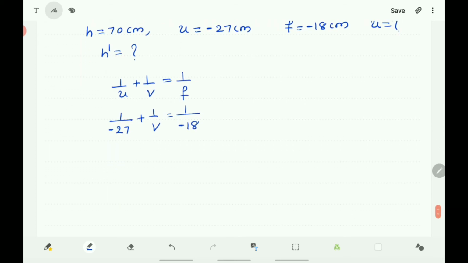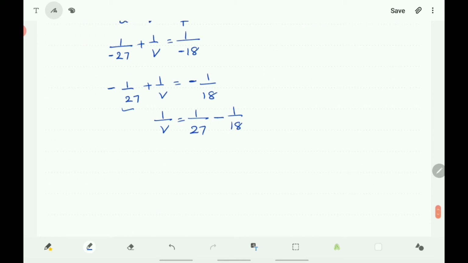Next you write 1 by minus 27 as minus 1 by 27, plus 1 by v is equal to minus 1 by 18, and 1 by v is equal to, transferring this minus 1 by 27 to the RHS, plus 1 by 27, plus, minus 1 by 18.